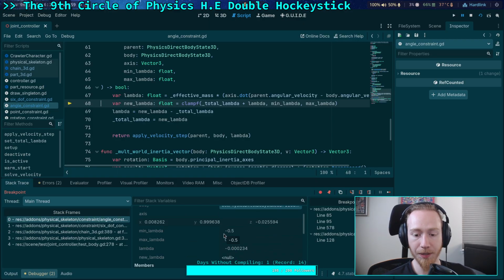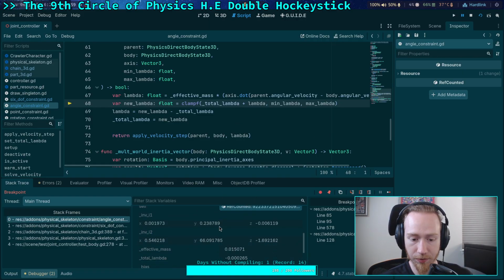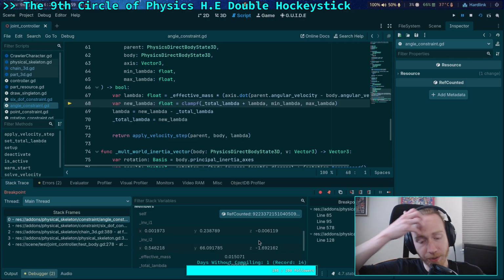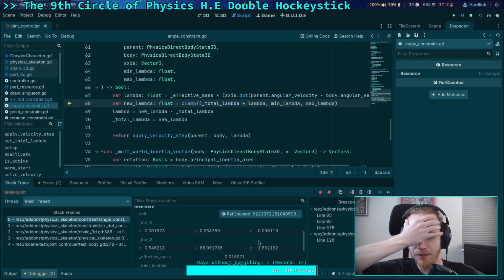So I've calculated a lambda of that, which, whatever this means. So wait, is effective mass even correct? Is that actually right? Effective mass, is that right? I mean, I guess it could be anything at this point.